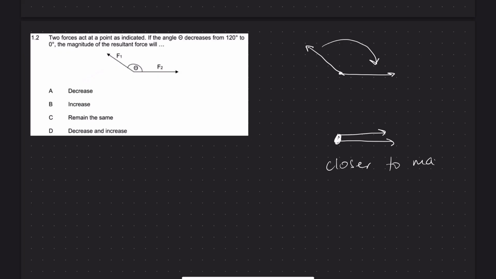Closer to the maximum, which means that the resultant force will increase. However, if you were going in the opposite direction, then you're getting closer to the minimum, and then the resultant would decrease. But just to answer this question, the magnitude of the resultant force will increase.